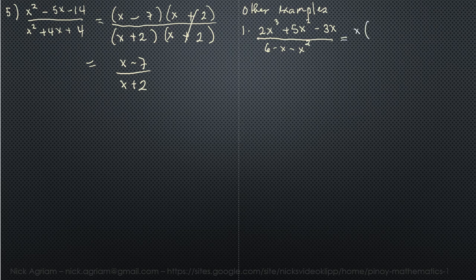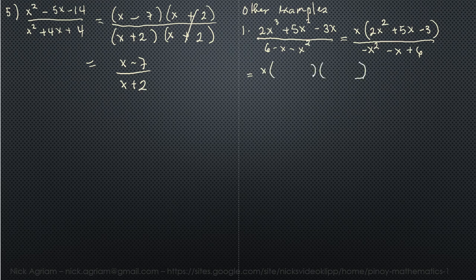So we have x multiplied by 2x squared plus 5x minus 3 divided by, and as you can see here, my first term is negative x squared, so I can rearrange that: negative x squared minus x plus 6, so that it will be easier to manage. Okay, and then x.